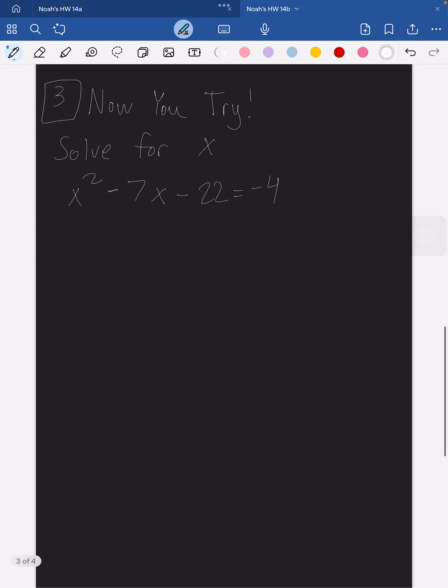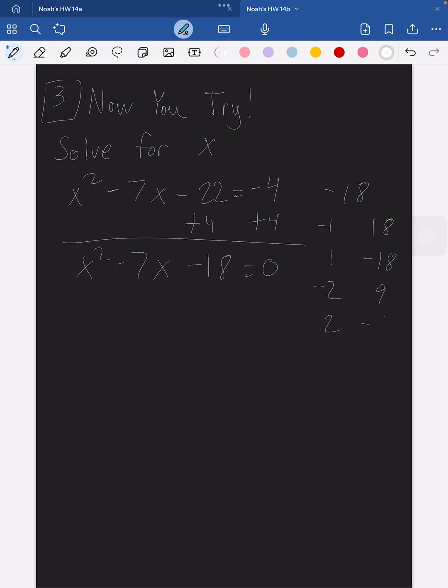So I want you guys to try this equation. Now, you're going to solve for x with the equation x squared minus 7x minus 22 is equal to negative 4. So go ahead and try this. I'll give you guys a minute. All right. Now, first we want to set this in standard form, so we get x squared minus 7x minus 18 is equal to 0. I'm going to list out our factors of negative 18, so it's negative 1 and 18, 1 and negative 18, negative 2 and 9, 2 and negative 9, negative 3 and 6, and 3 and negative 6.